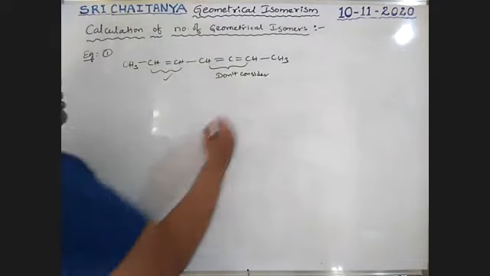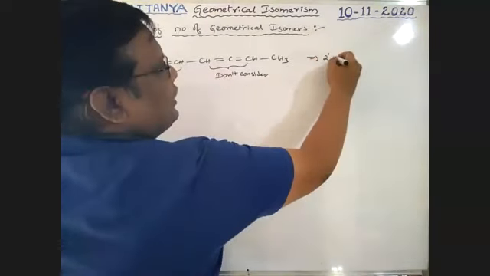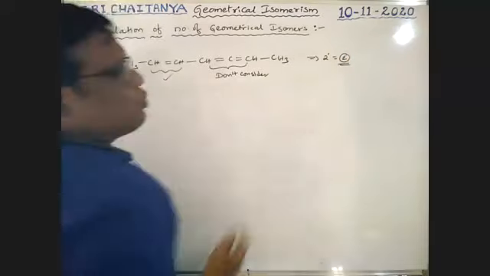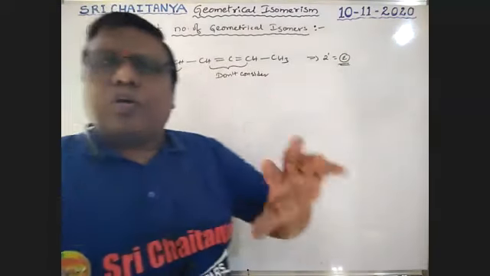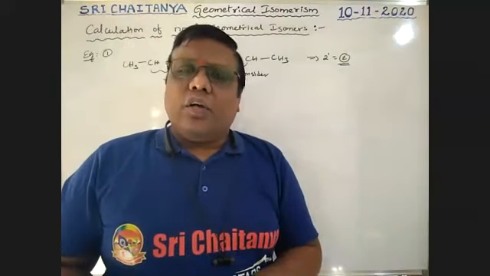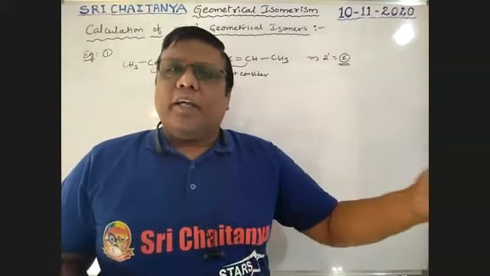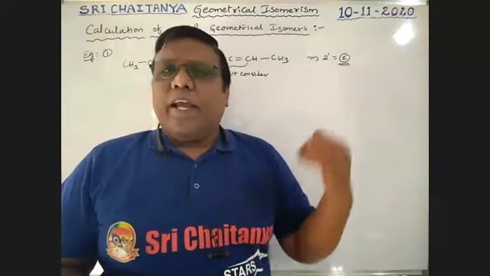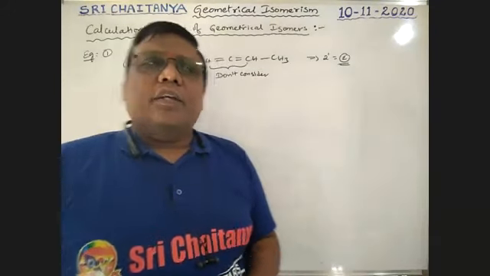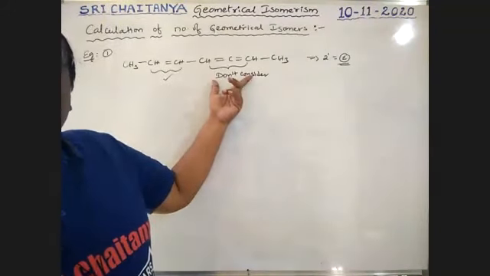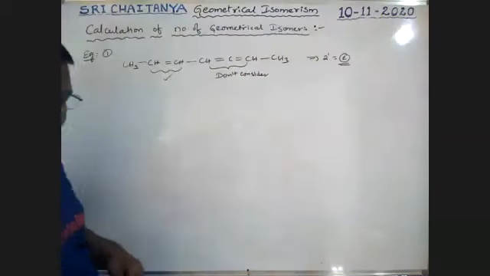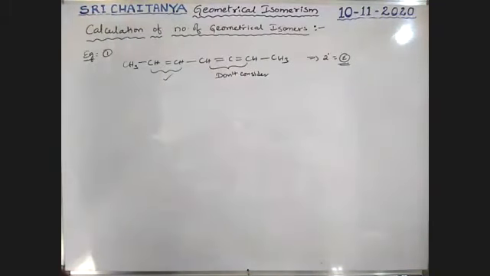Only one double bond implies the number of geometric isomers is 2 power 1, that is 2. Why not this one, sir? Because of the even number of double bonds in the cumulene, there are no geometric isomers. We already explained this at the time of cumulenes. Therefore, this condition doesn't exhibit geometric isomerism.